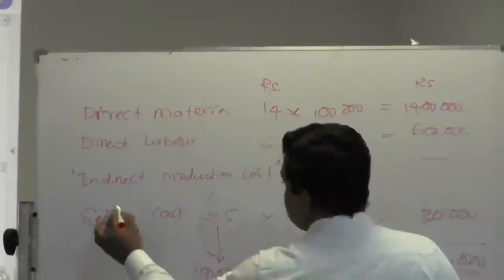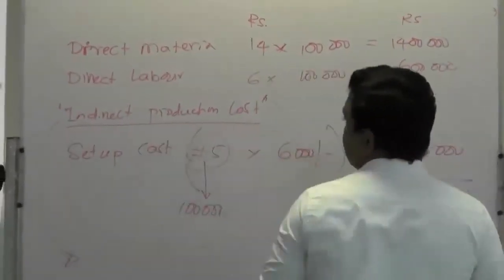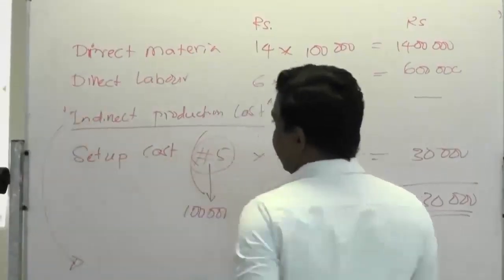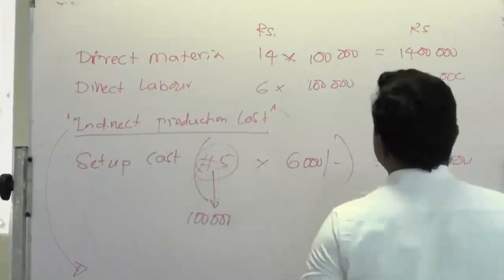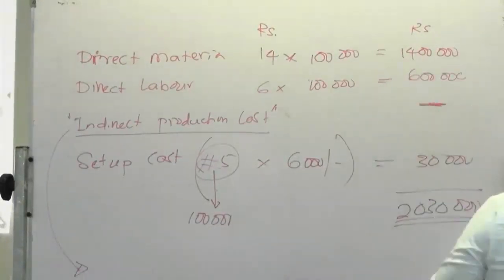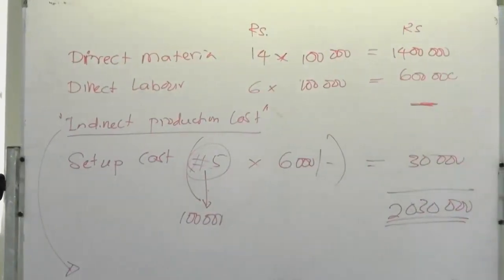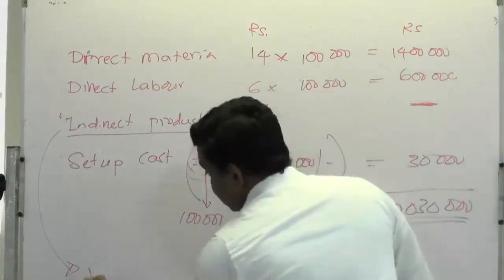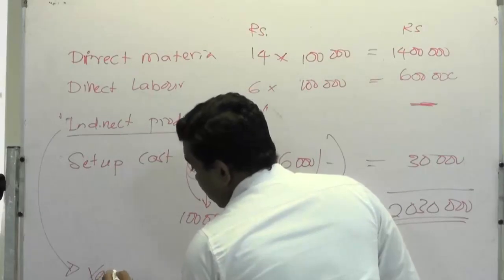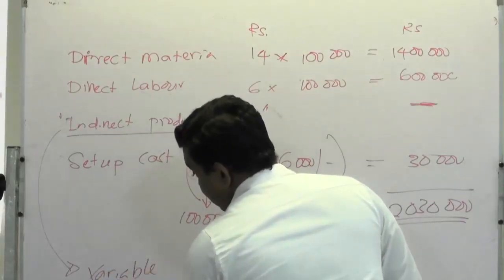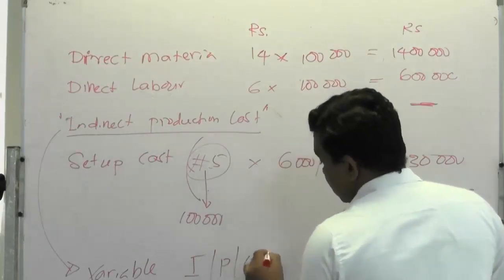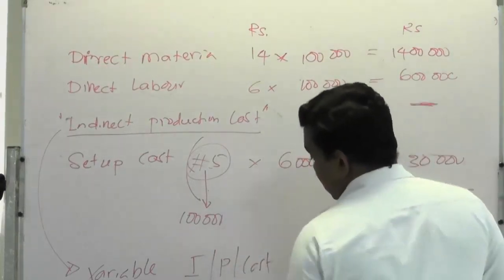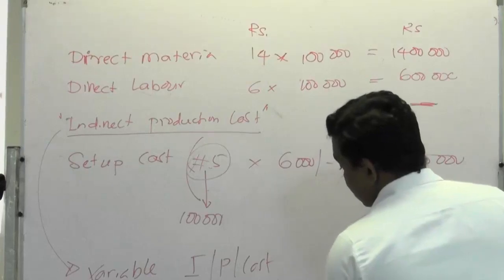Now indirect production, if I don't take the wording variable, I just take indirect production cost, you can't take it into the total relevant cost. However, the question said they have variable, that is very important, variable indirect production cost, that is 1 rupee per unit. Therefore you have 100,000 units.